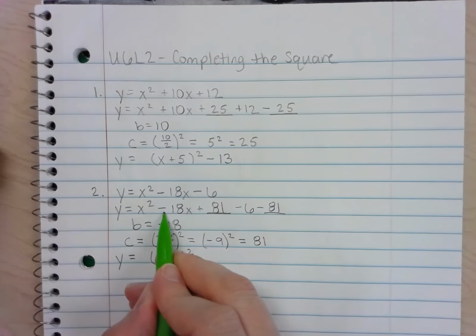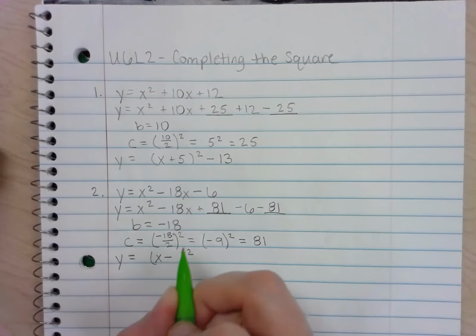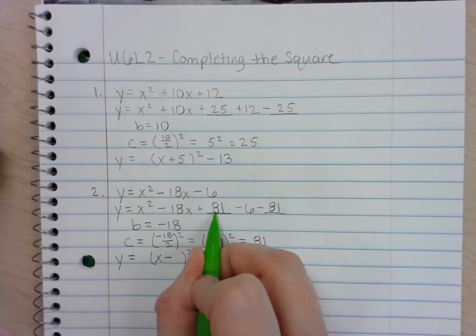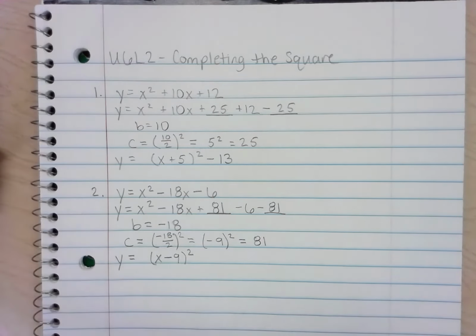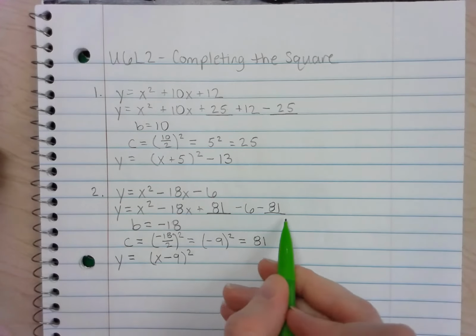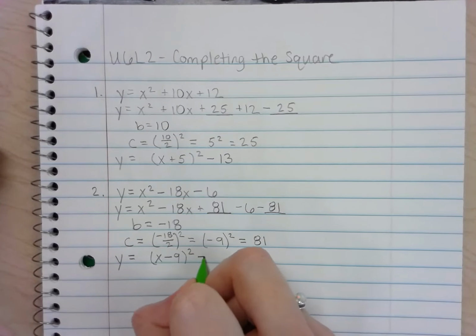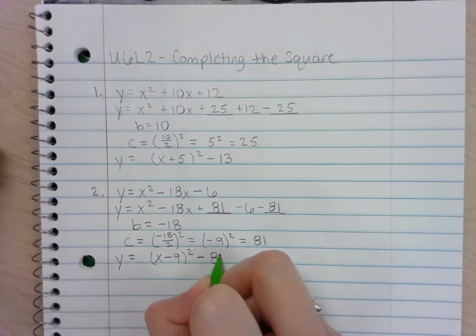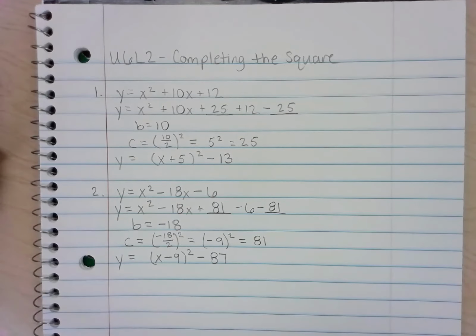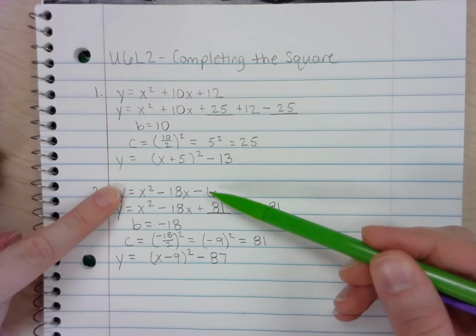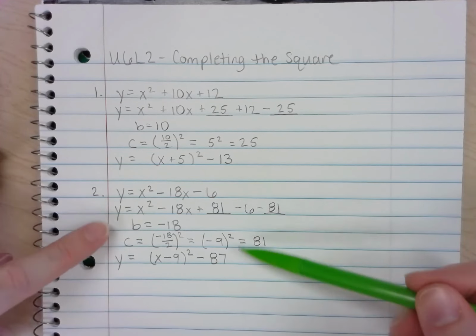X, because our b term is negative, we'll say minus, and then 9, because half of your b would have been negative 9. And then combine the like terms, negative 6 and negative 81 gives us negative 87. So we've gone from standard form to vertex form by completing the square.